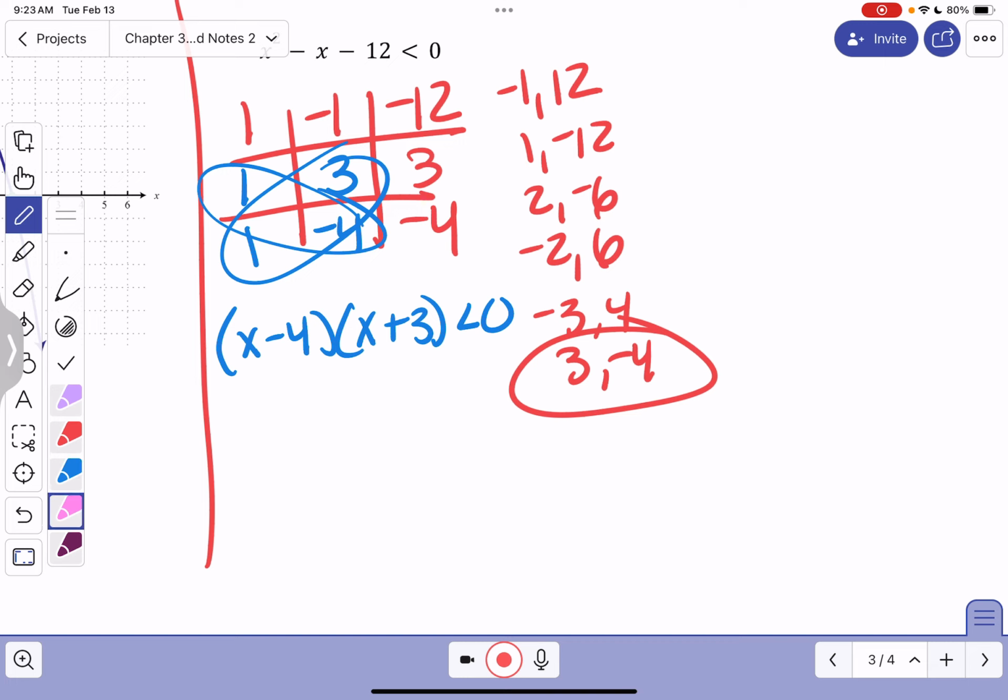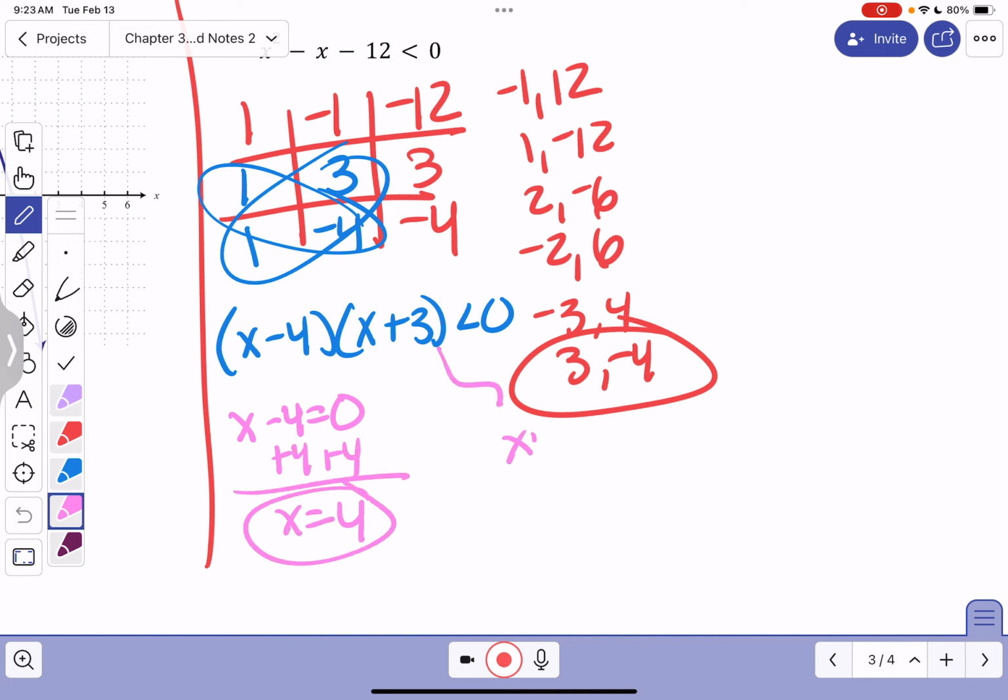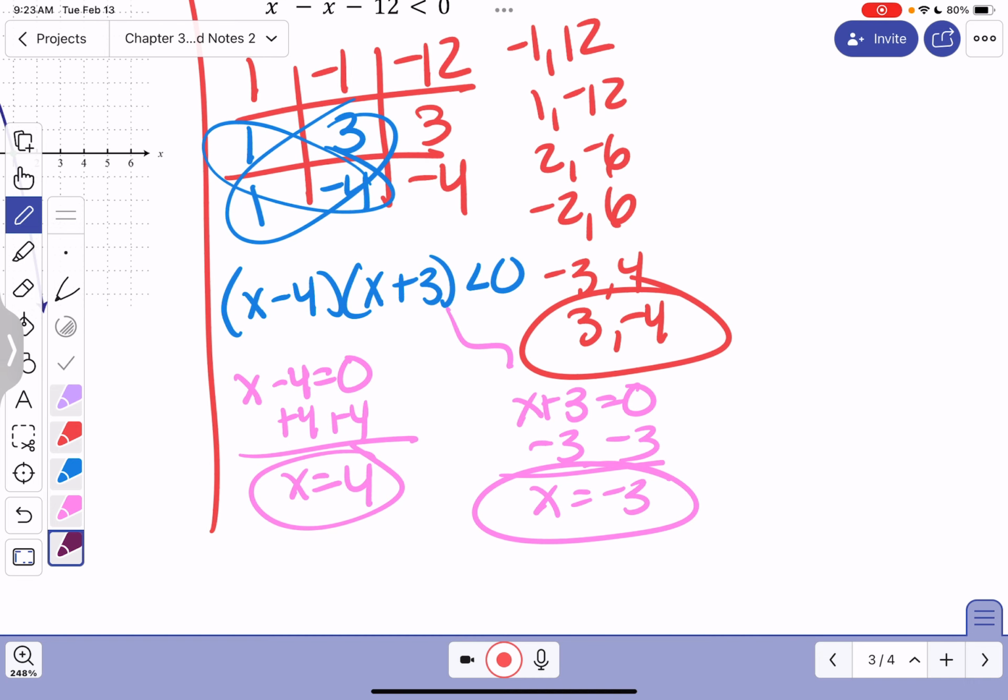So we would solve these just like normal. X minus 4 equals 0. We would add 4 to both sides. And then we would do x plus 3 equals 0 and subtract 3 from both sides. Those would be the x-intercepts. Now we're going to test a point to see. So something between the -3 and 4.